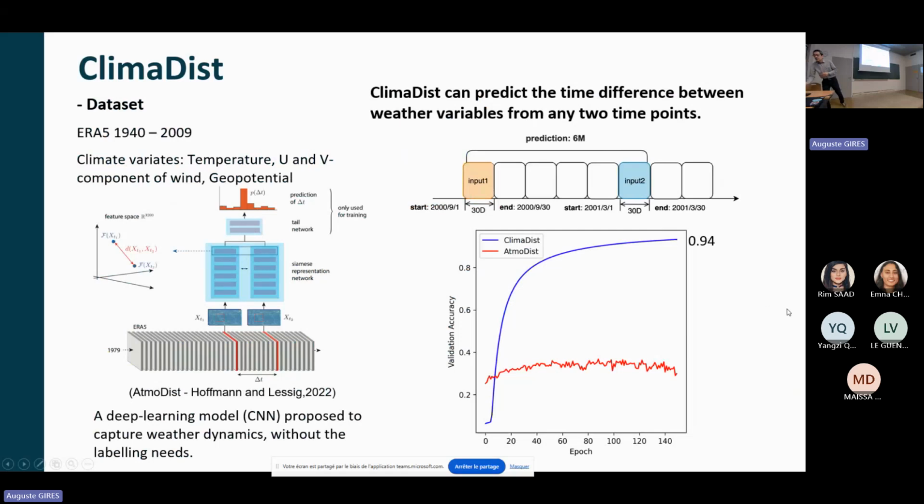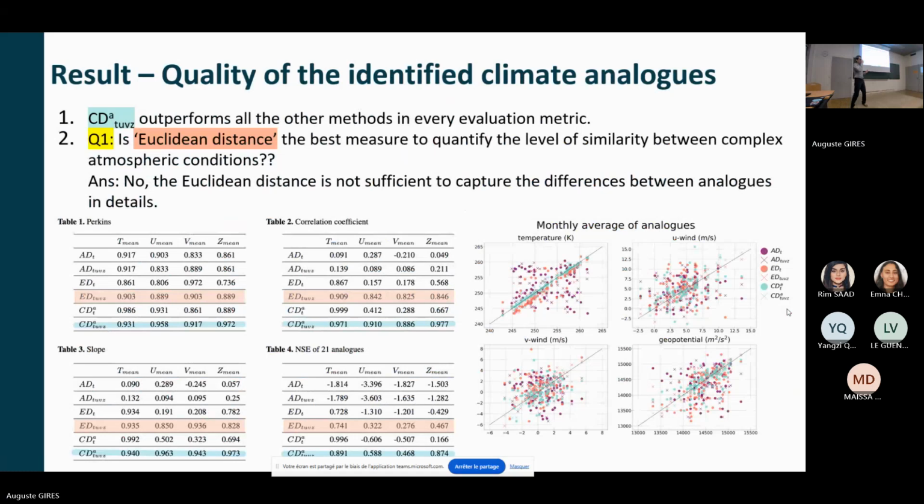And then here, just to show results, we use this method to help us find climate analogs. The blue one highlights our method as compared to some traditional methods. We can see that the analogs we find are simultaneously very good in terms of temperature, UV wind components, and also geopotential height.